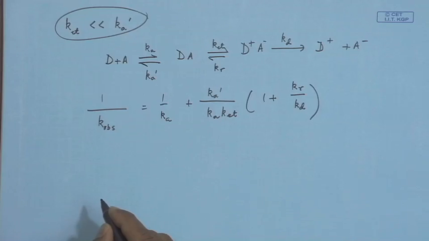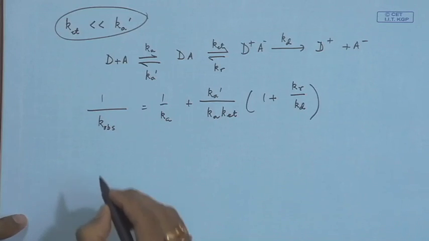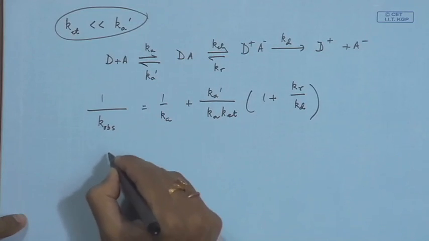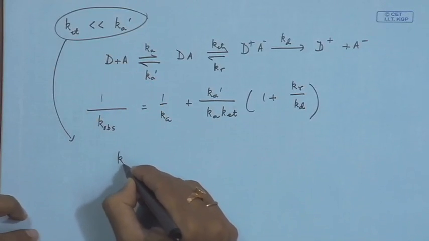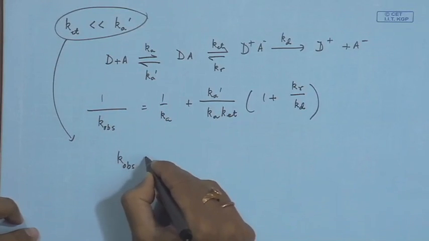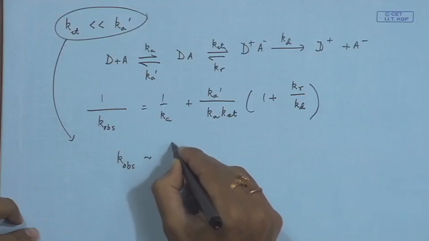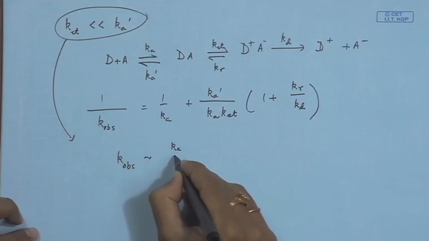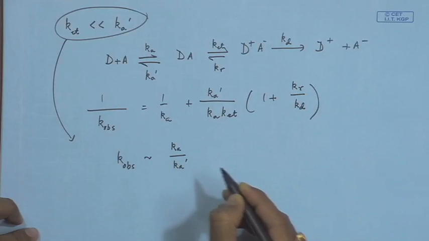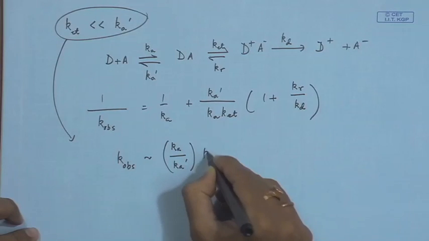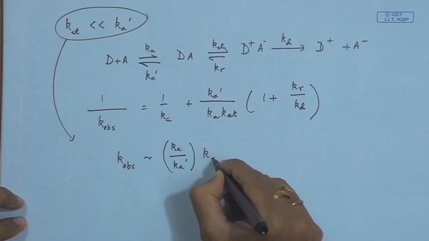So K obs will become, in this case, after applying this, Ka by Ka prime into KET.